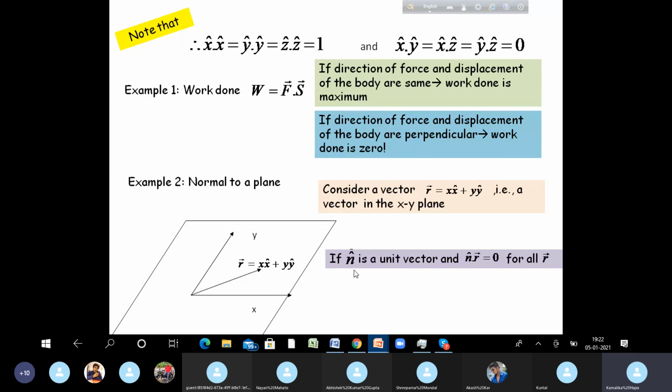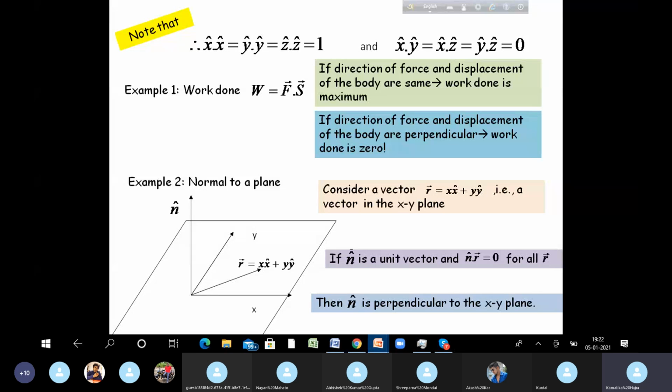So if there is a unit vector n cap such that n cap dot r is 0 for all expressions of r in the xy plane, then we say that n cap is perpendicular to the entire xy plane. That is, n cap is a normal to the entire xy plane. So this is then the direction of n cap. This is how we define the normal to a plane.